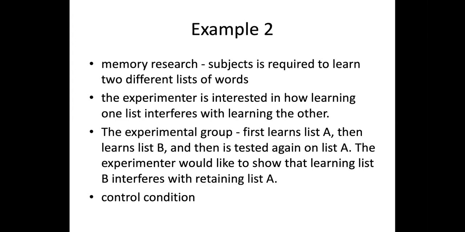The experimenter wants to check if learning the second list of words, list B, interferes with the studying of the first one, list A. So for the experimental group, we have list A, list B, and then the participants are tested on list A. What could be a control condition in such an experiment?